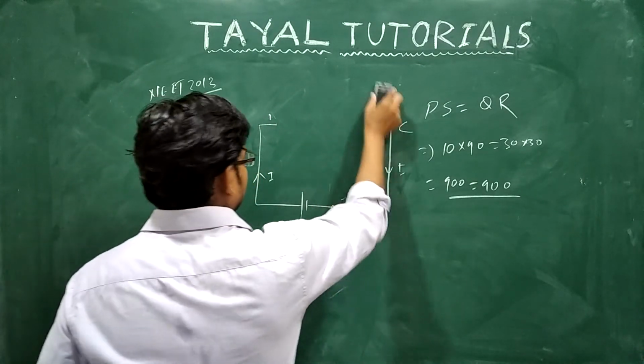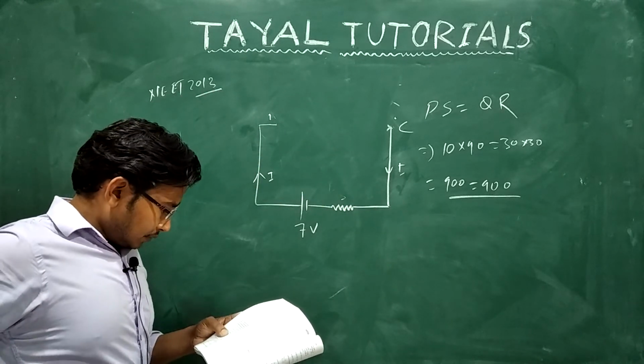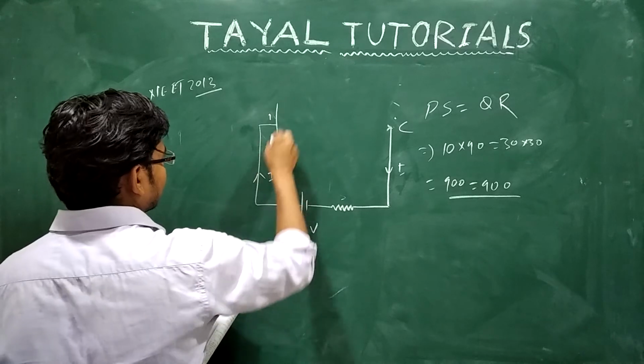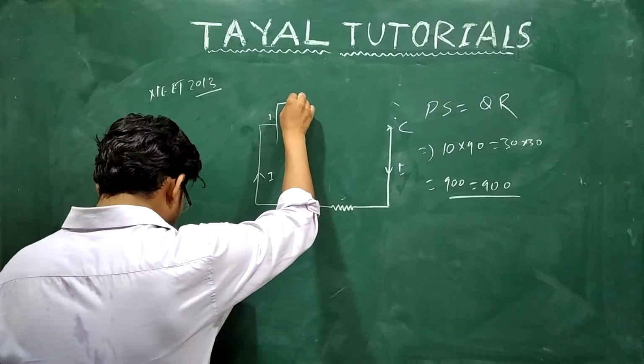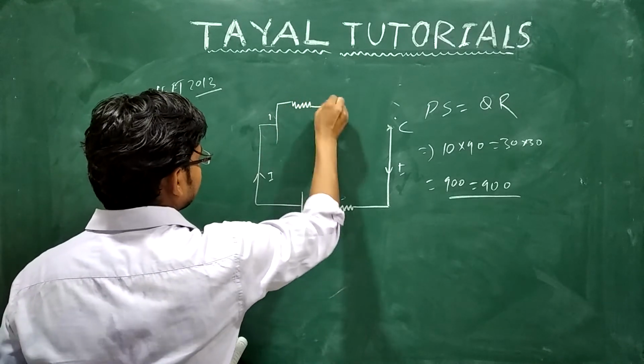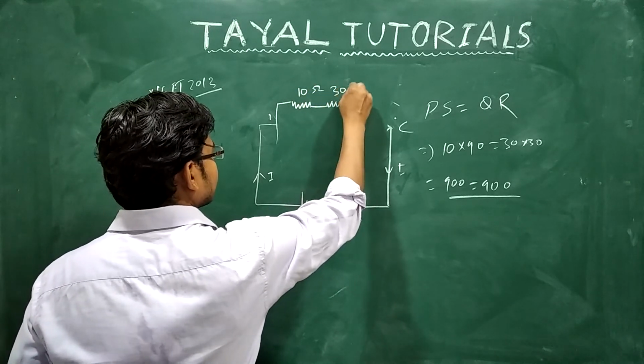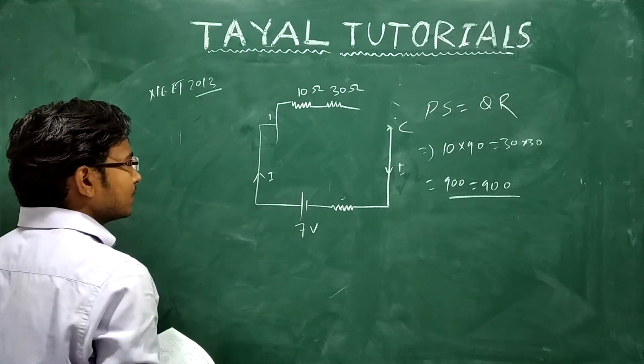after removing, just write down, this is your 10 and 30, 10 ohm, 30 ohm, they are in series.